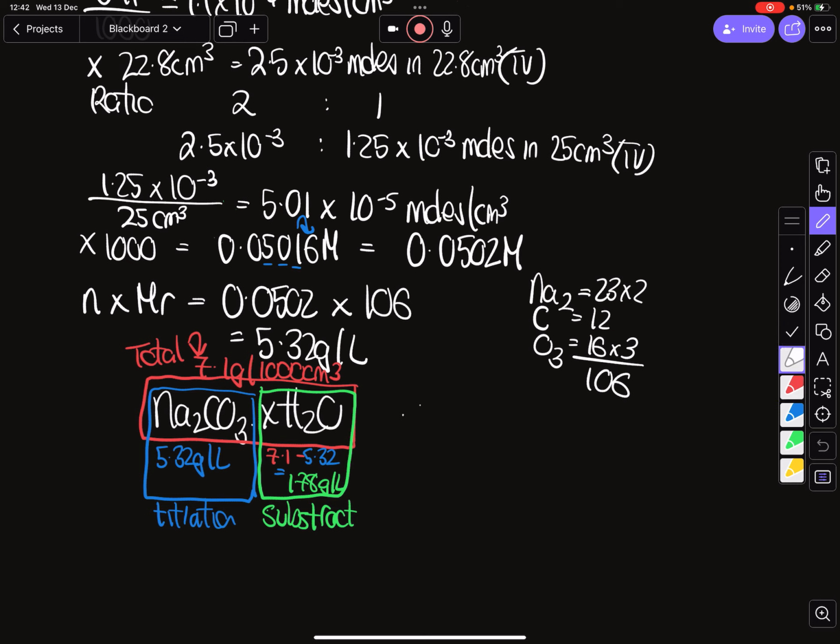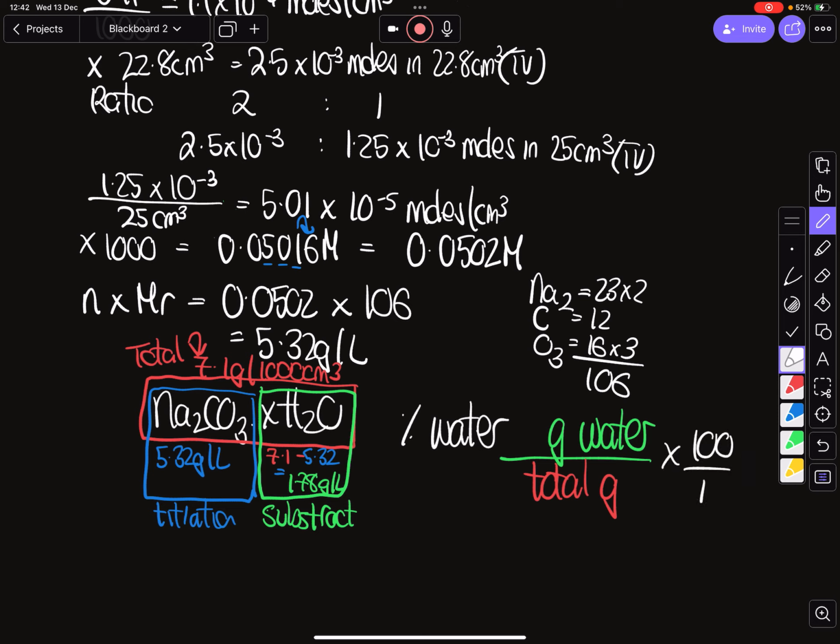So if I'm looking for percent water, I am looking for the grams of water, and I'm going to put that over my total grams. And I'm going to multiply that by 100 over 1.